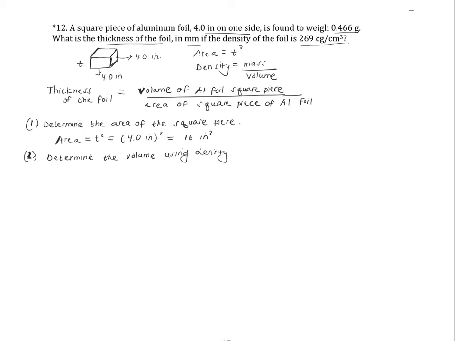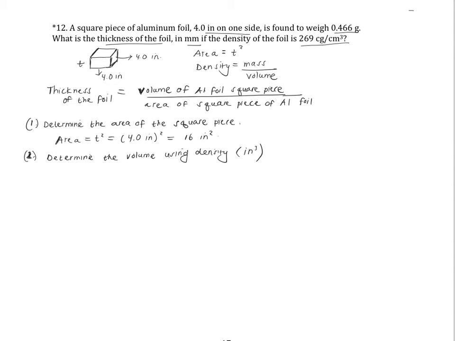Okay, but if we look ahead, we should get our volume in similar units as the area. So we want to determine that volume in inches cubed. So let's go ahead and get our density and convert it to grams per centimeter cubed to prepare for converting it to inches cubed later on.